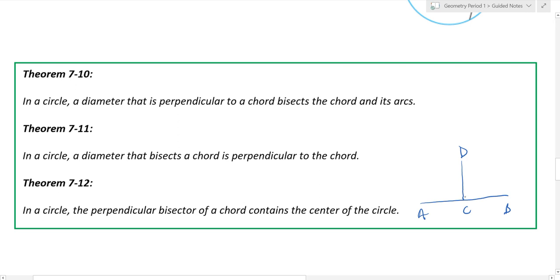The intersection happens to be 90 degrees, and then the distance from A to C and from C to B happens to be congruent. So that is what a perpendicular bisector is. So we're looking for this kind of relationship. So that means that CD is a perpendicular bisector.